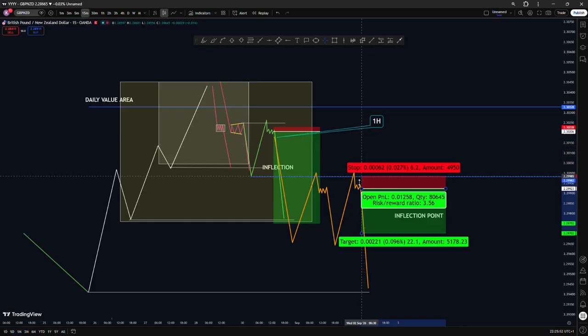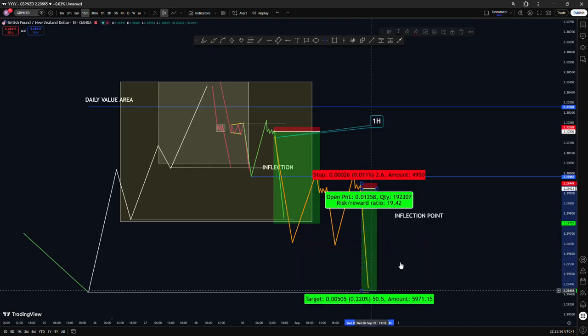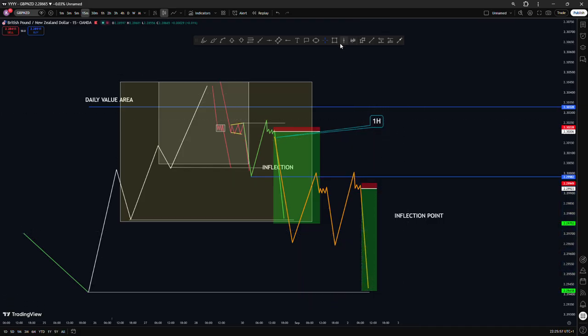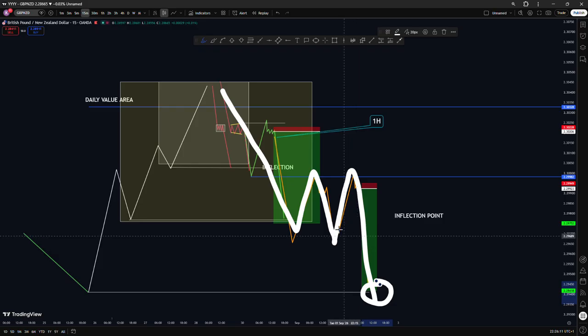So this one is like your 2 touch continuation. So notice the difference now. So this whole move, this is the 2 touch that leads to this particular inflection point down here.